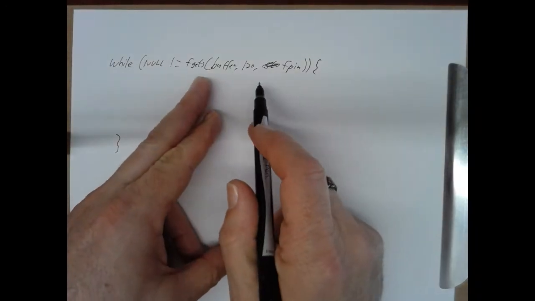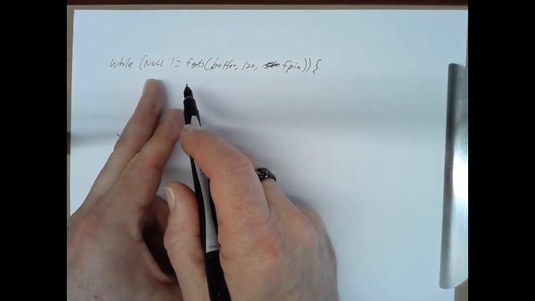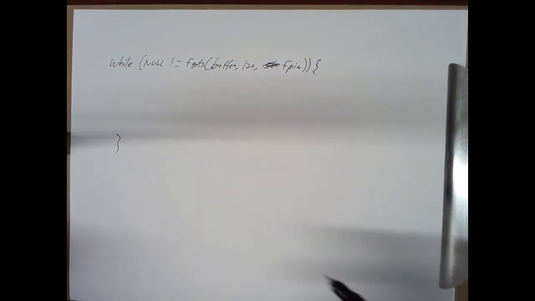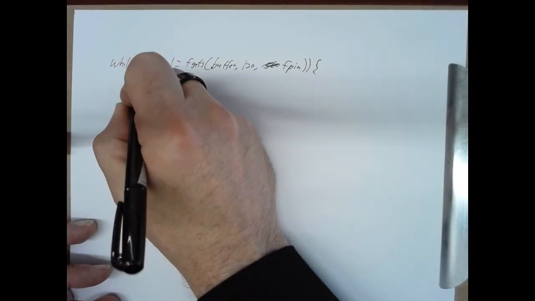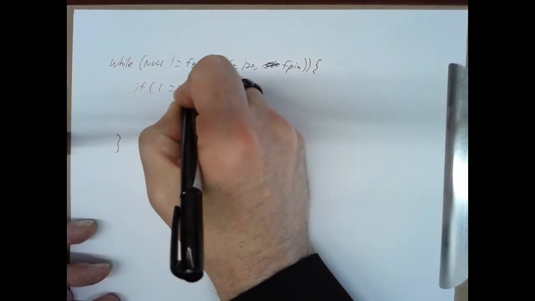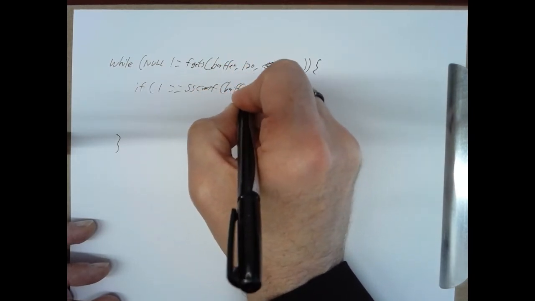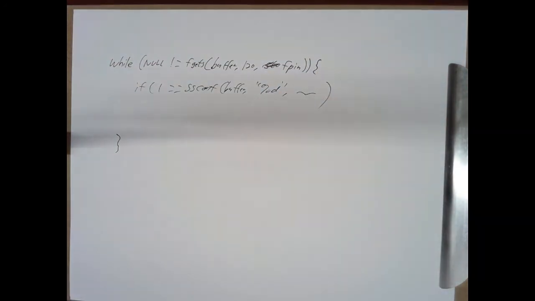And fgets will return a null if it hits the end of the file. So standard in, that's a control D, reading from a file on disk, that's when it tries to read past the end. And then inside here, you can do something like if 1 equals scanf, and try to scan with a %d or a %i.